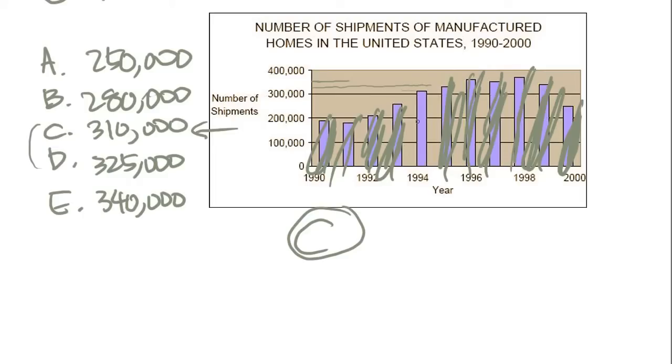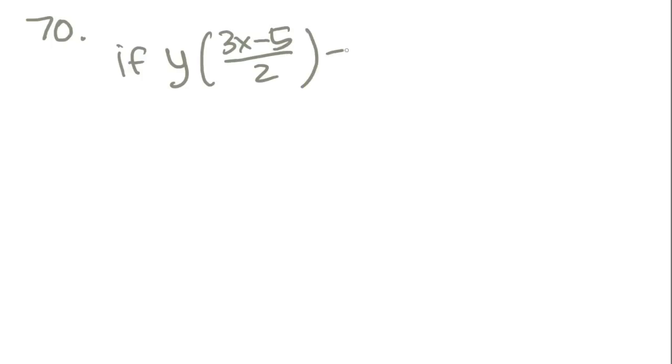All right, now let's continue to number 70. Number 70 says, if y times (3x minus 5) over 2 equals y, and y doesn't equal 0, then x equals what? Isolate the x, of course.